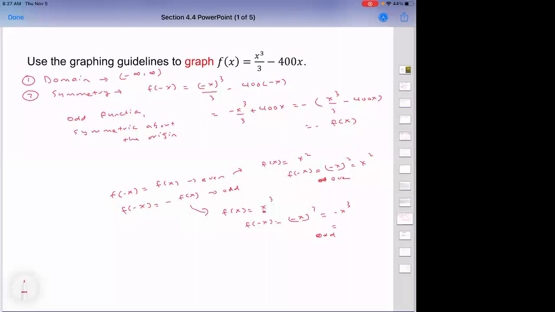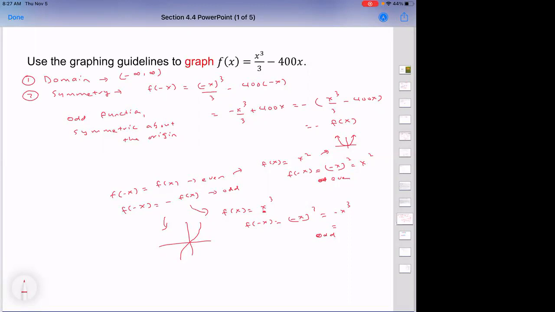In the graph, even function means it is symmetric about the y-axis. Odd function means that when you graph the function, it is symmetric about the origin.